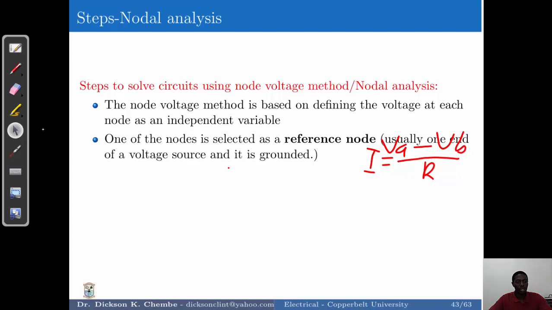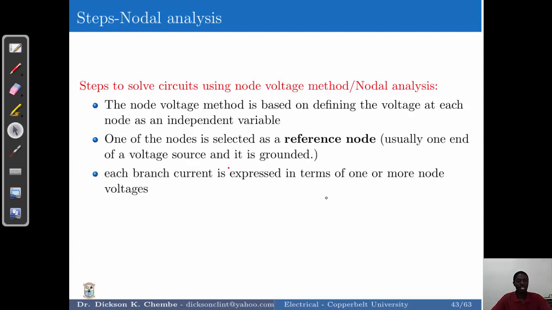Then you select one of the nodes as a reference node. Usually it is one end of a voltage source and it must be grounded.